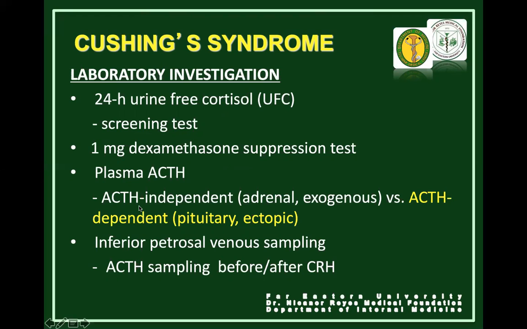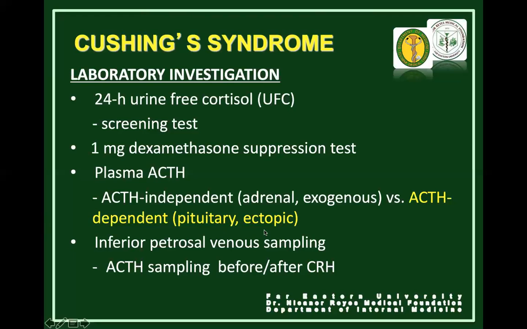Now, ACTH independent means it's coming from your adrenal or exogenous, and will show that your ACTH is low or normal. But if it is ACTH dependent, it means it's the ACTH driving your cortisol to go up, then it can be a pituitary. Now we also have ectopic here because the ACTH can be produced in other tumors.